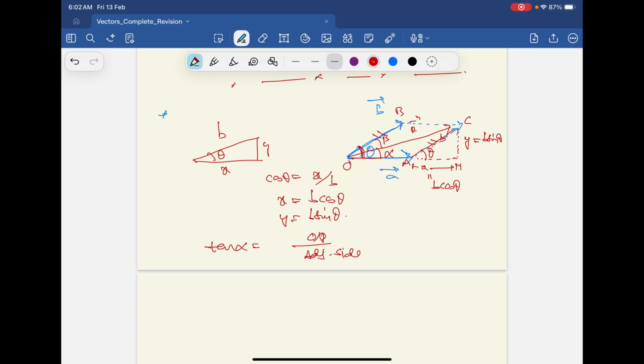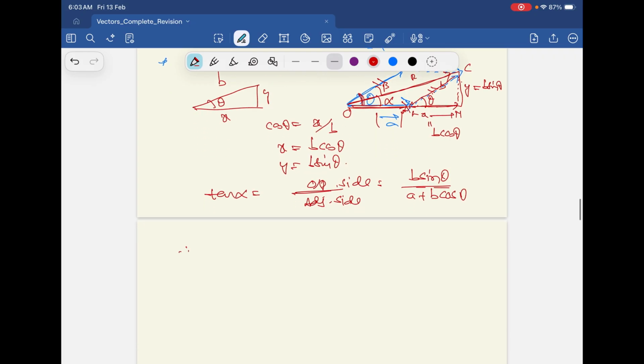Opposite is b sin theta, divided by a plus b cos theta. Why a plus b cos theta? In this triangle, the opposite side is b sin theta, the adjacent side is this vector a, plus this value b cos theta. This vector magnitude is mod a, so a plus b cos theta. So we have seen now tan alpha is equal to b sin theta by a plus b cos theta.